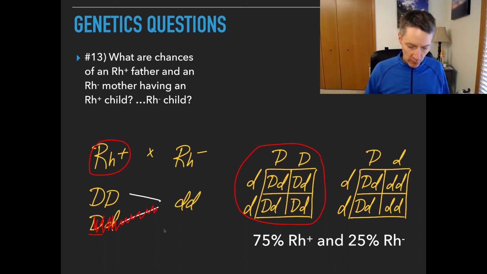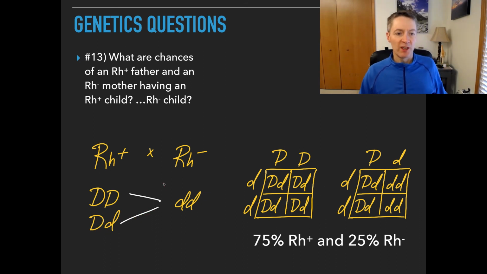Let's say we get rid of that. Let's say I give you a different piece of information. Let's say I tell you that this person who is Rh positive, his mom was O negative. His mom had 2 little d's then, 2 genes, neither of which gave you the Rh factor.